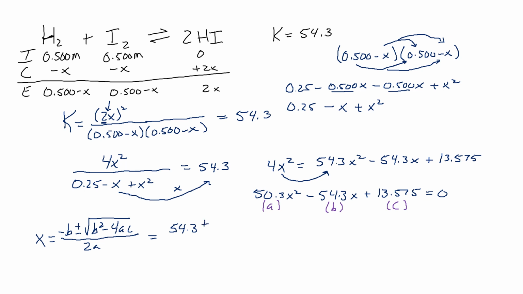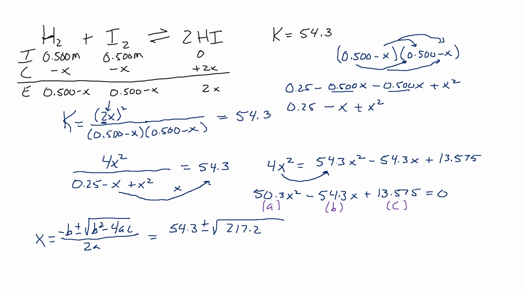Now, if we do all the square root part inside of it first, that'll basically be 54.3 squared minus 4 times a, which is 50.3, times c, which is 13.575. That is going to give us 217.2 inside the square root.